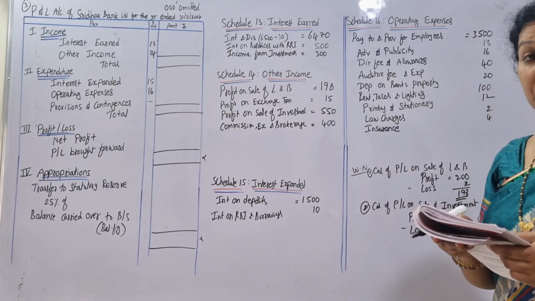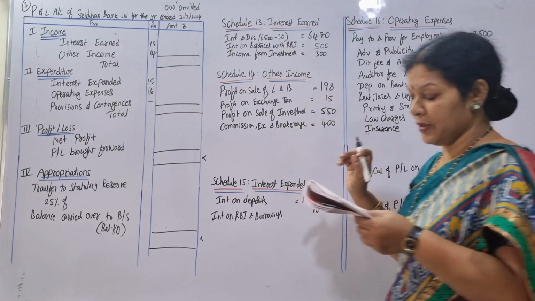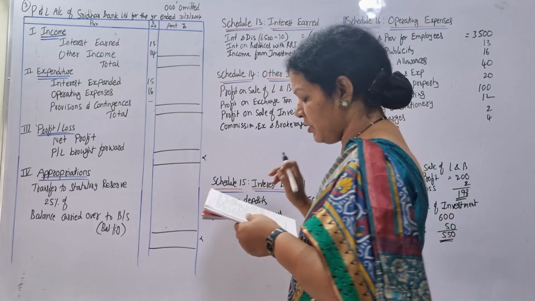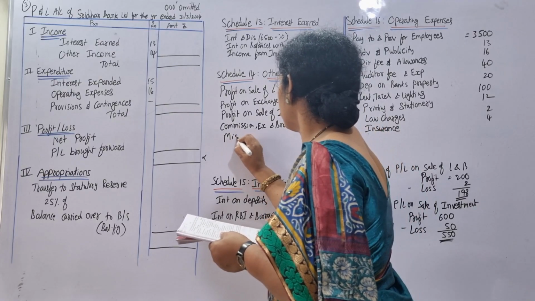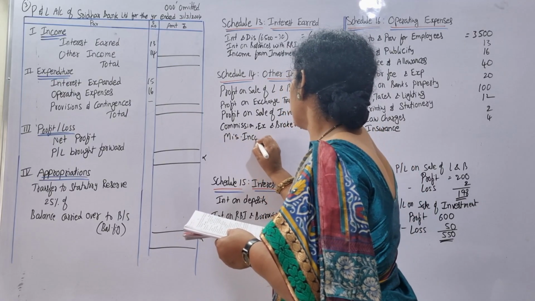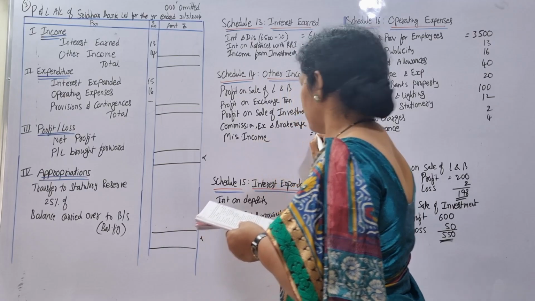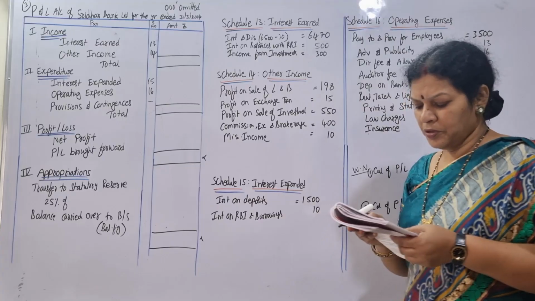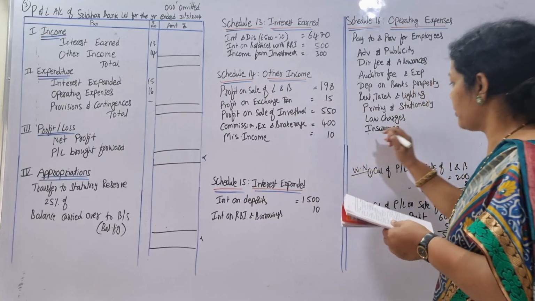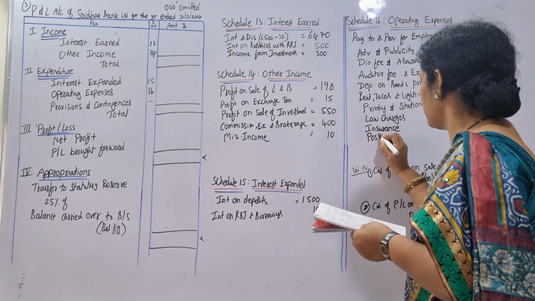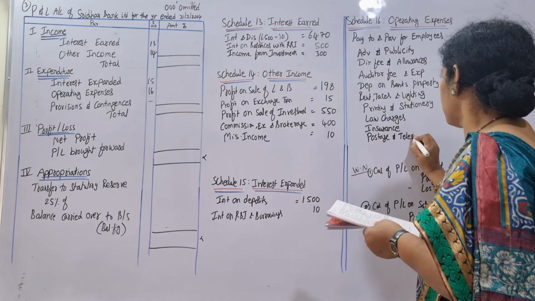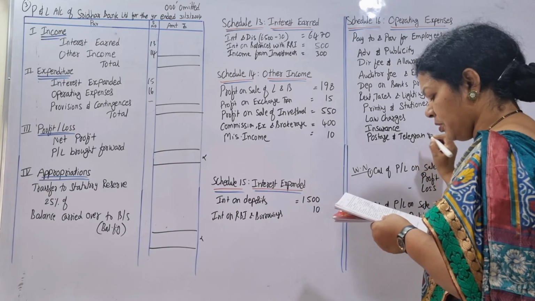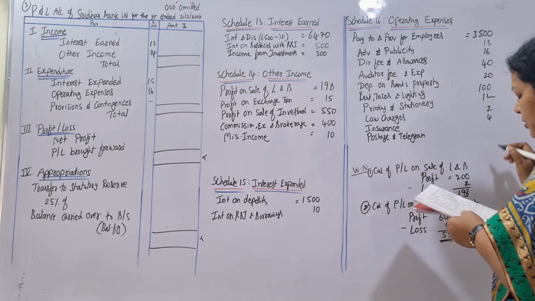Miscellaneous income, other income, it is 10. Then postage and telegram, once again operating expenses. Postage and telegram and telephone, etc. 6.